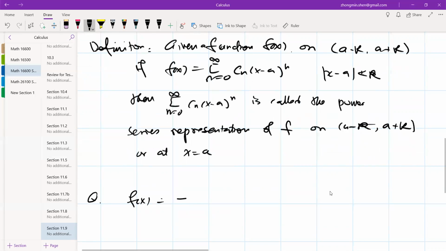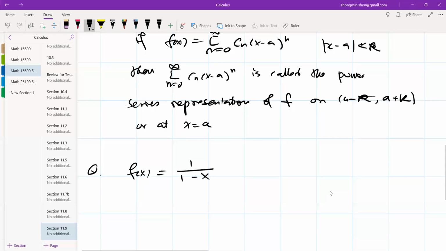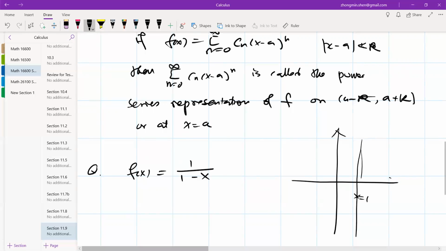f of x equals 1 over 1 minus x. Now this function is defined for all x except for 1. If you draw the graph, this is x equals 1. When x is greater than 1, 1 minus x is negative, so it's below the x-axis.